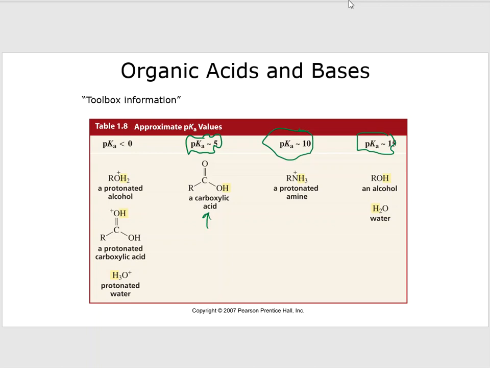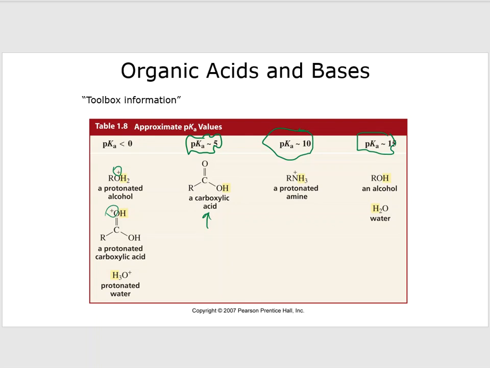Over on the left-hand side, amines are not the only thing that can be protonated. Anytime you protonate something, you always increase the acidity or the strength of it. So if I take an alcohol and I protonate it, you're going to see that here in the first column. If I take a carboxylic acid and I protonate it, you're going to see that in the very first column as well.